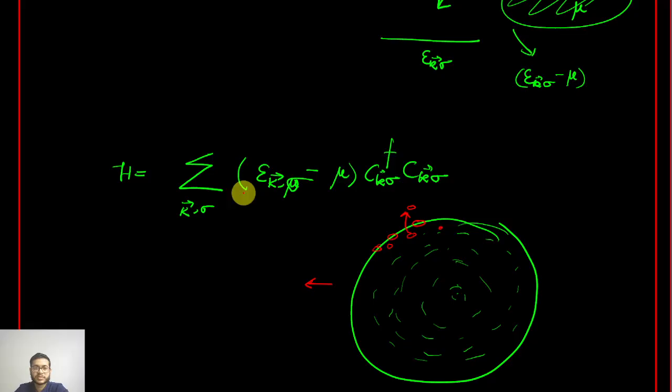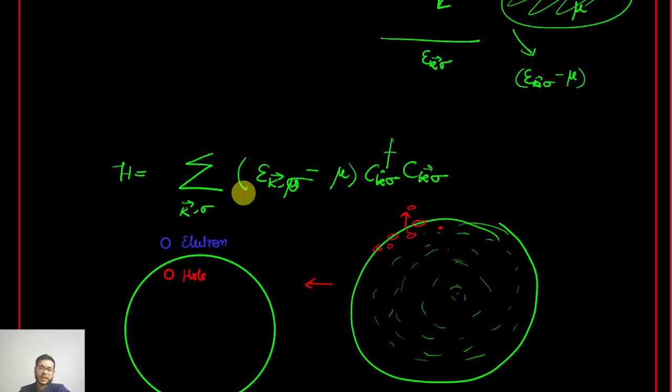So now the state looks like that, as if a hole is created here and an electron is created here. That is how the ground state will change. So this will become an electron and this will become a hole. A hole is basically the absence of an electron.